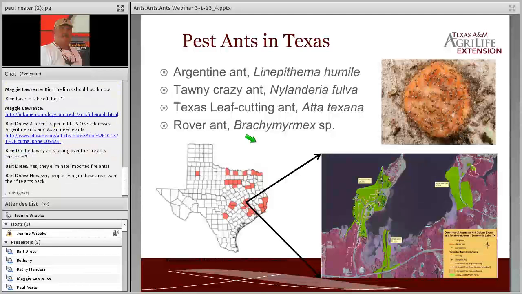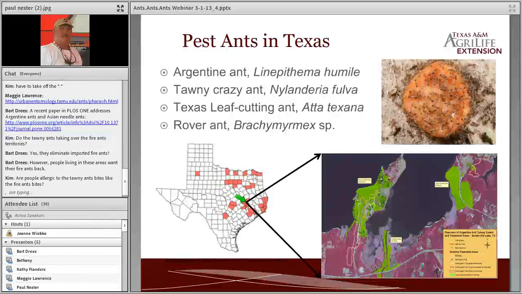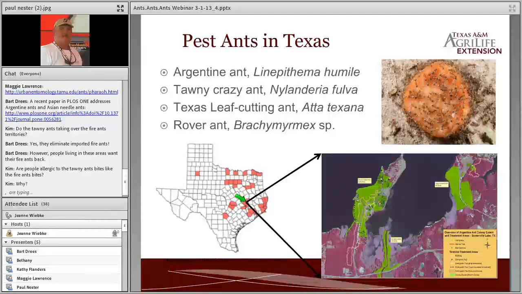We look at the Texas map. We'll first start with the Argentine ant. You can see there are different areas around the state, and since this is a Tramp ant that follows human activity, you can see that maybe it was transported to different areas through different means, whether that be campers, or movement of nursery stock or movement of hay.